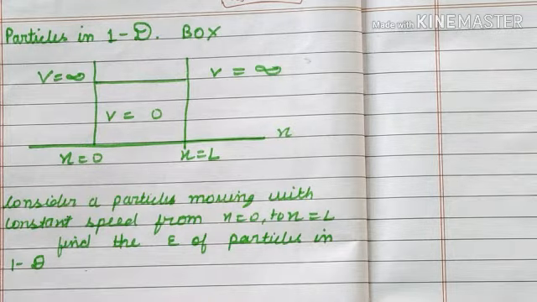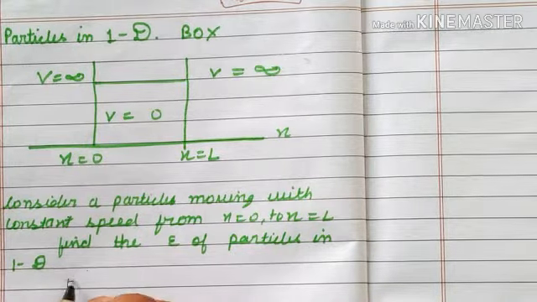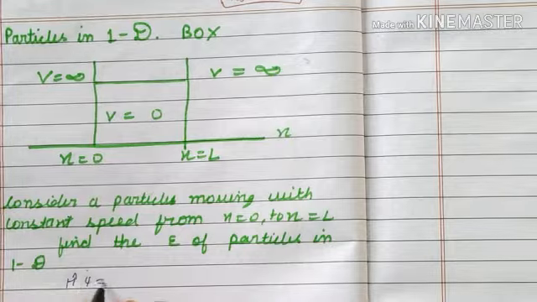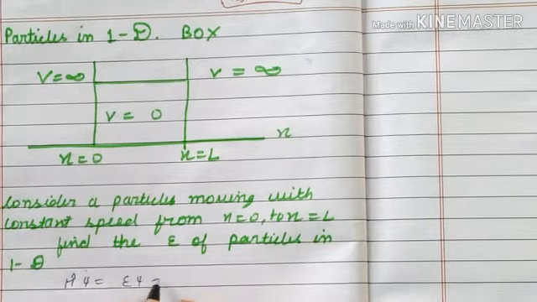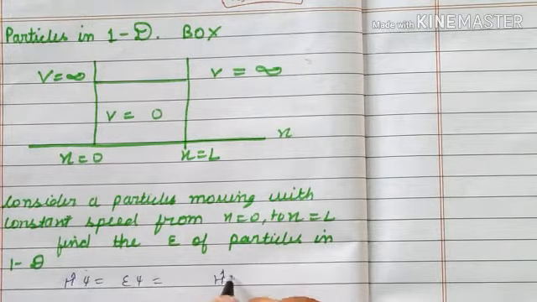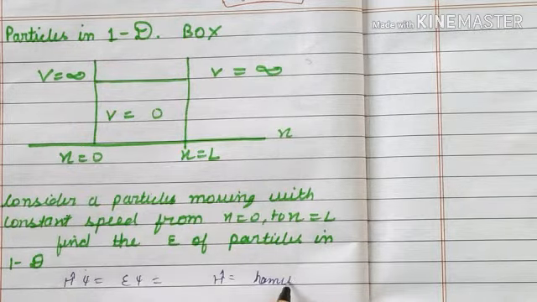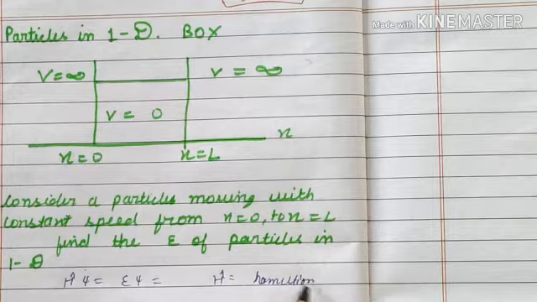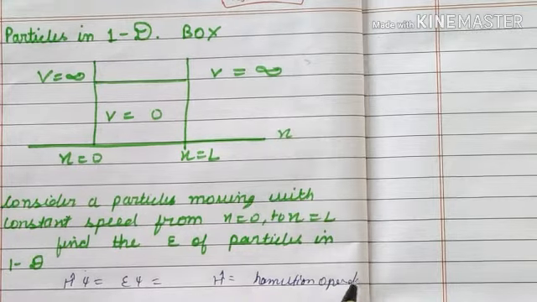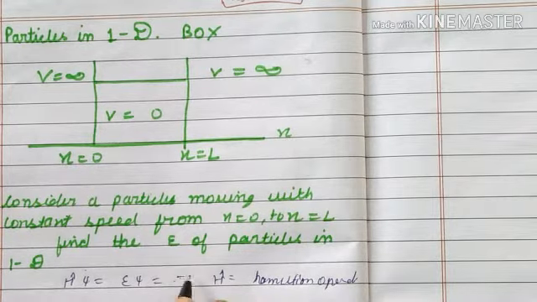First of all, we operate the Schrödinger wave equation. H psi is equal to E psi, where H is the Hamiltonian operator. This is equation 1.